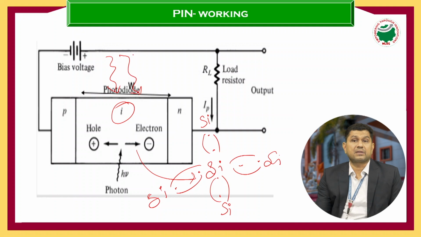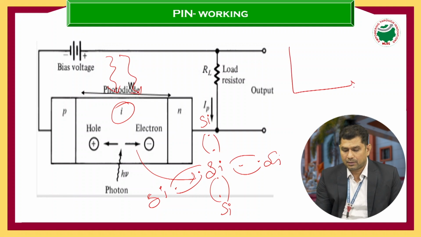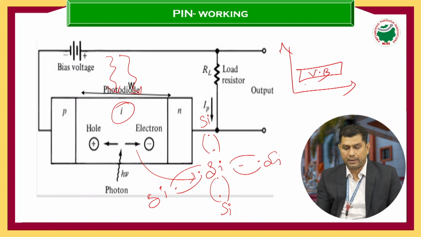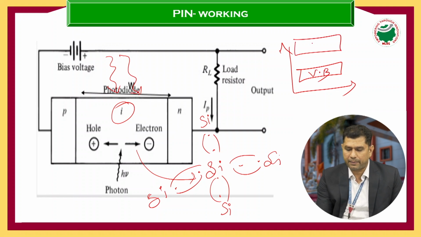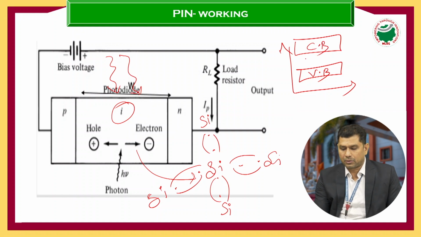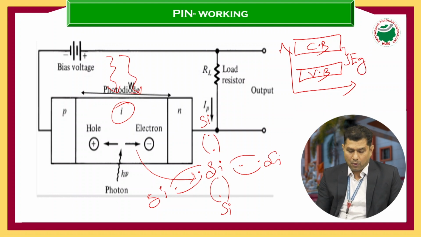Whenever light of sufficient energy arrives, what is the meaning of sufficient energy? In band theory, the highest occupied band is called the valence band and the lowest unoccupied band is called the conduction band. The gap between these two bands is called the energy gap. In the present case, we are using silicon. What is the silicon energy gap? 1.1 electron volts. Here sufficient energy means 1.1 electron volts; at least you have to supply that.